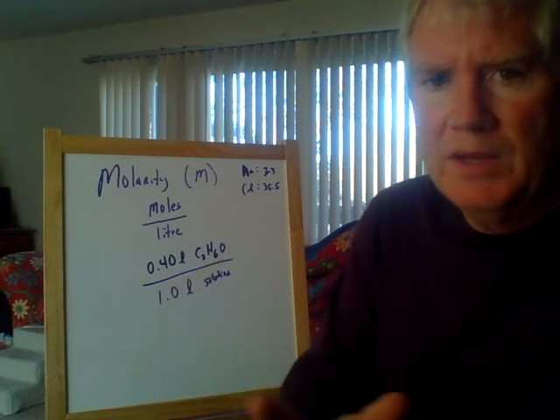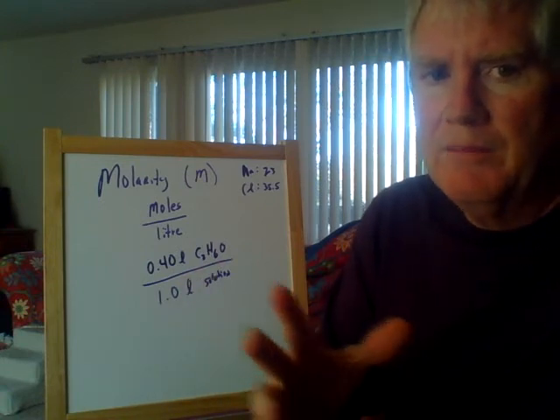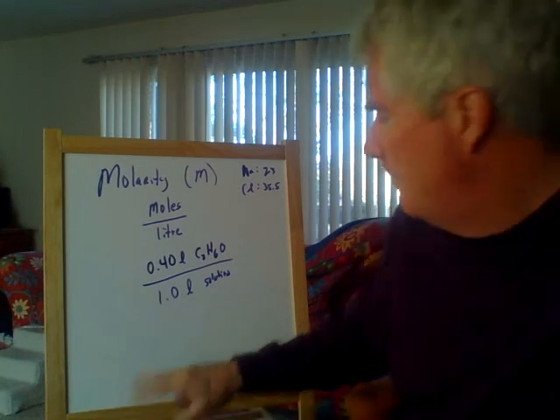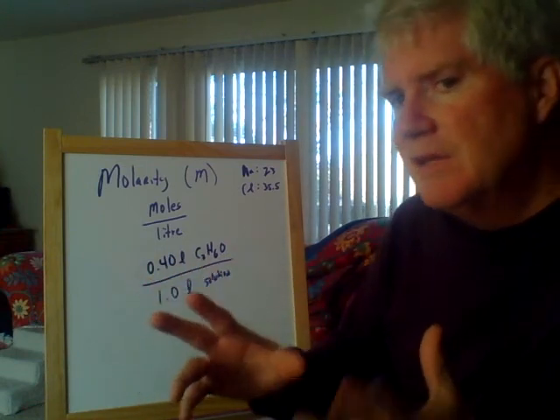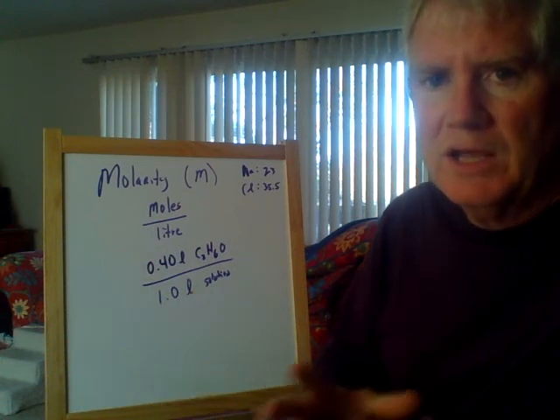That's going to be the next problem that we solve, and we're going to make use of the volume percentage of alcohol, which in some ways is the least convenient way of expressing concentration.